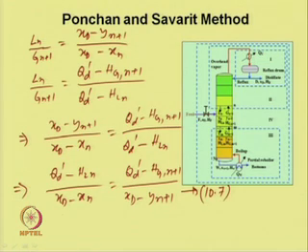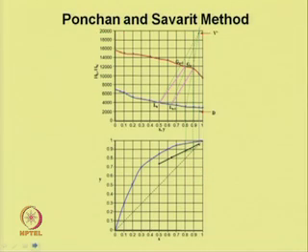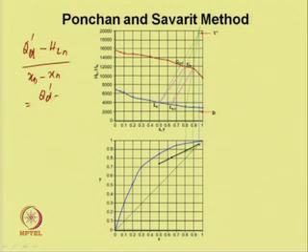From these equations, the left hand side (Q_d' minus H_L(n)) by (x_d minus x_n) can be plotted in the enthalpy concentration diagram over here. So, we can write (Q_d' minus H_L(n)) divided by (x_d minus x_n) is equal to (Q_d' minus H_G(n+1)) divided by (x_d minus y_(n+1)).